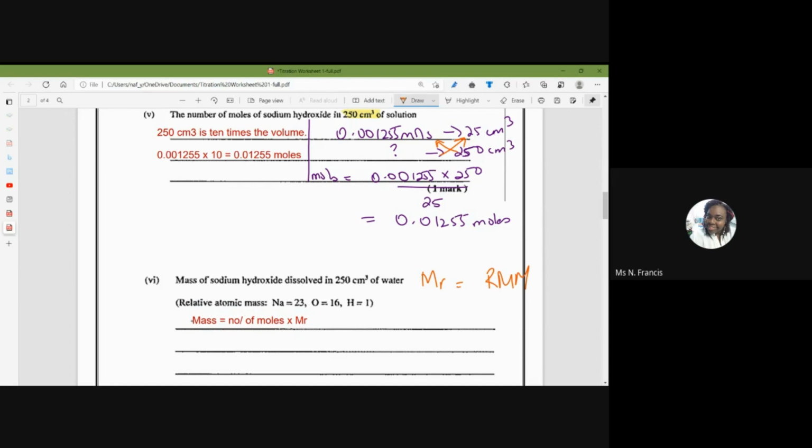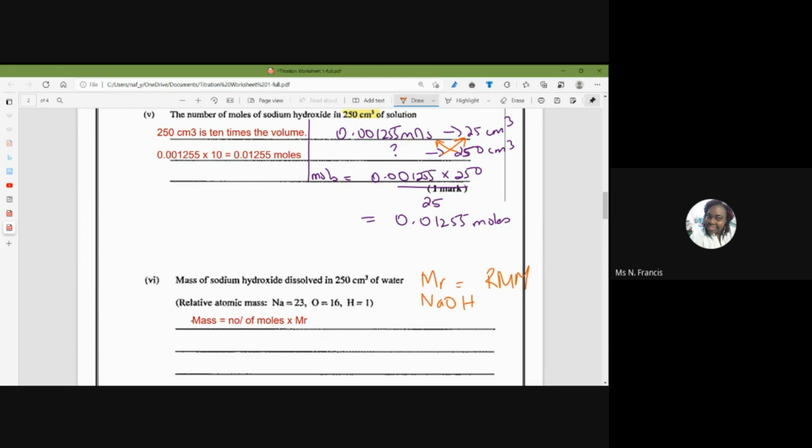You calculate it just like your relative molecular mass. How do we calculate relative molecular mass again? Look at what they give you. They give you relative atomic mass. What are we going to do with these? All you're doing is adding the mass numbers for all the atoms, and how many of the atoms.